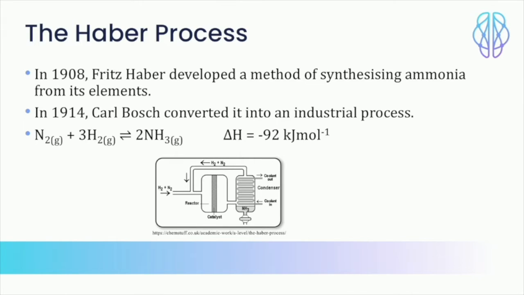So before we go any further, it's important to develop some context in regards to the Haber process. During the 19th century, especially around World War I, the demand for nitrates, and especially ammonia, was increasing rapidly, because it was heavily used in fertilizers, in making some nitrate-based bombs, and also in feedstock.